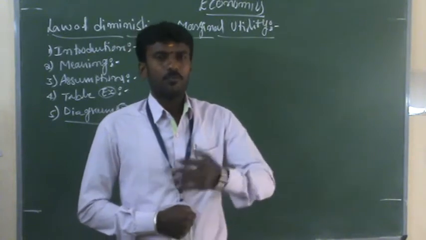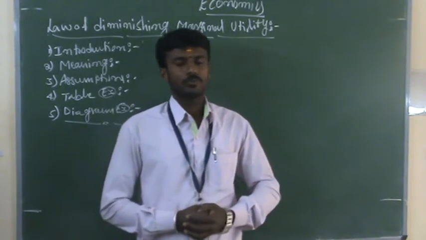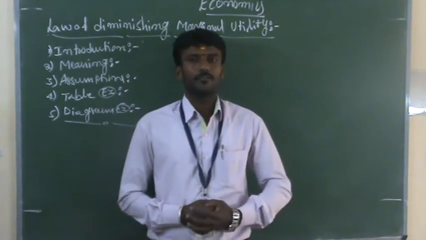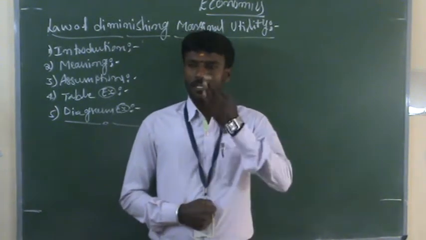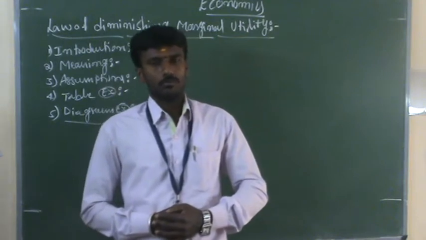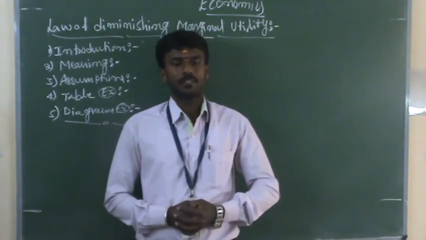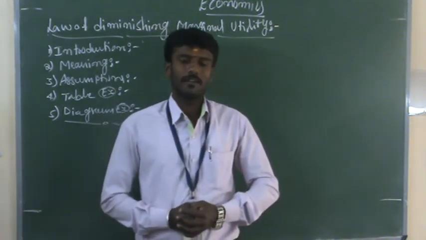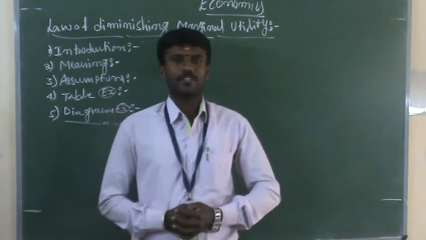The meanings, formulas, and also the differences between TU and MU we already studied. From the examination point of view, 1 mark, 2 marks and rarely 4 marks questions also arise.